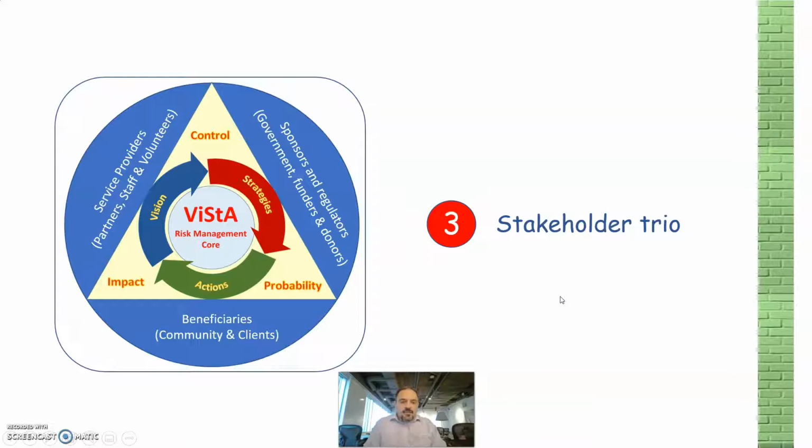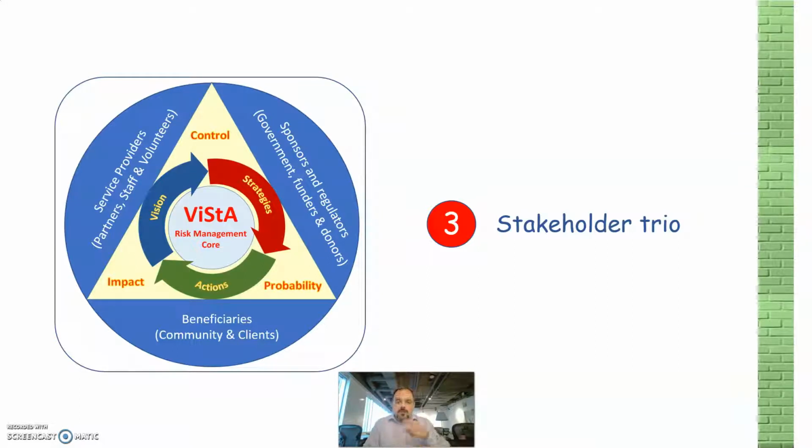And the next stage, we call it stakeholder trio. So you have to manage your stakeholders properly to have a successful risk management in your organization. Remember, unsuccessful stakeholder management, stakeholder engagement was one of the reasons of management-related risks in nonprofit organizations.